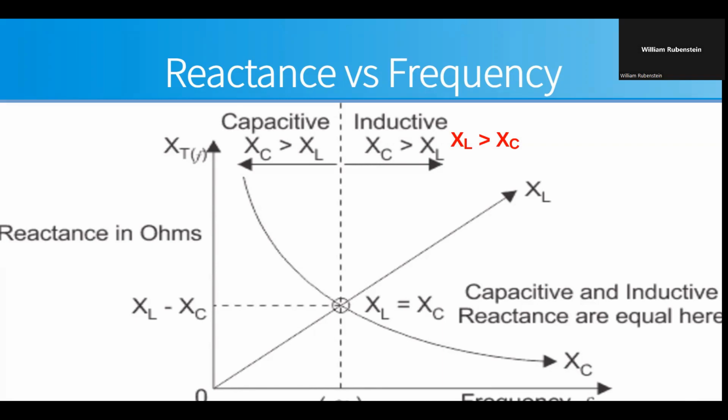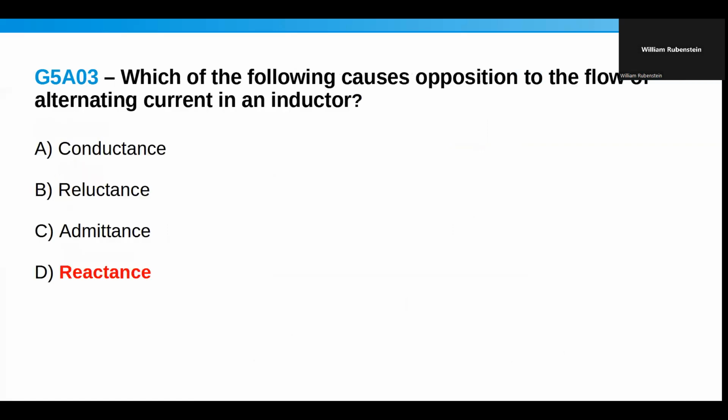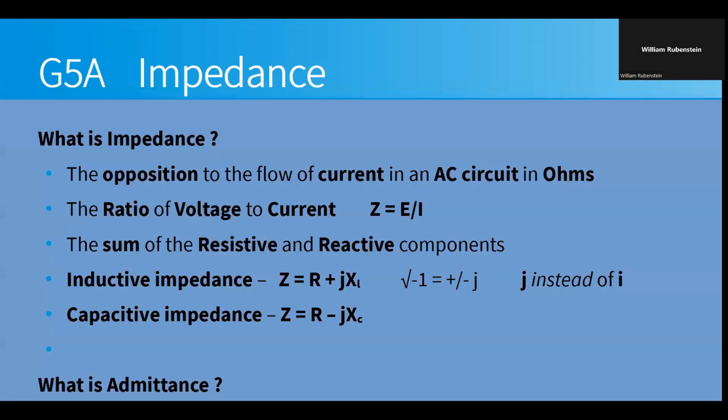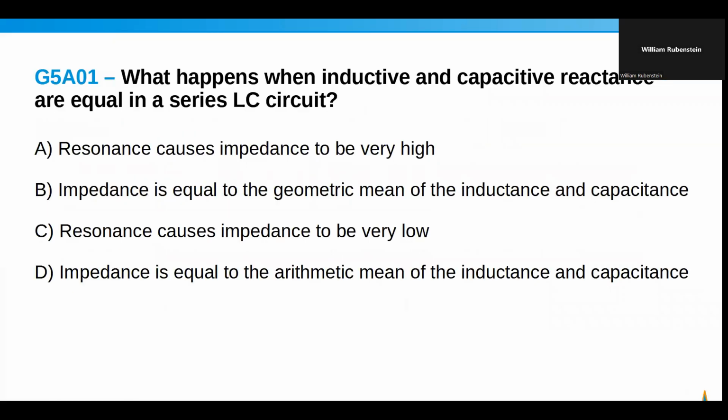And that's the definition of a tuned circuit, when the inductive and capacitive reactances are equal. Okay, so what happens when the inductive and capacitive reactances are equal in an LC circuit?